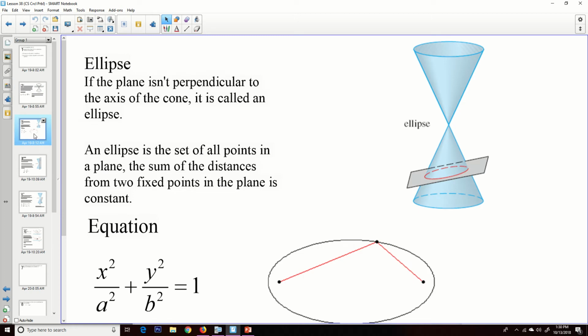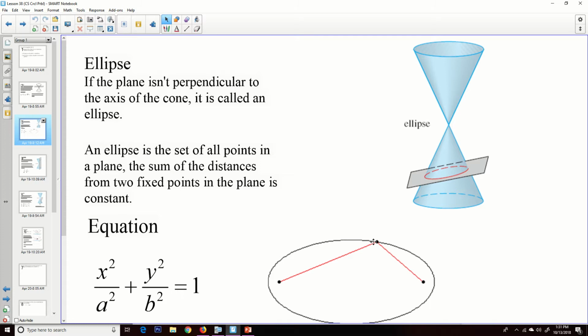An ellipse, if we get a plane that is not perpendicular to the axis of the cone, but it still passes through the entire cone, we're going to get an ellipse. An ellipse is a collection of all points in a plane, the sum of whose distances from two fixed points is a constant.